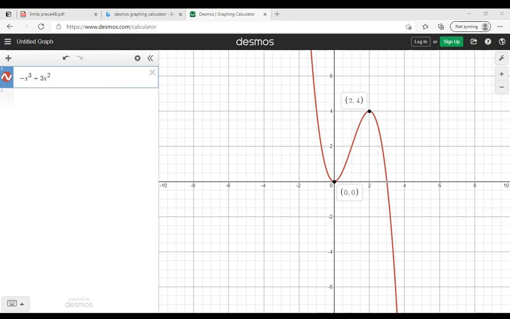And we need the right side of this graph. What's the right side doing? Is it going up or down? It's going down. So negative infinity. And then what's the left side doing? Going up to positive infinity. Now, you have infinity arrows on both ends.